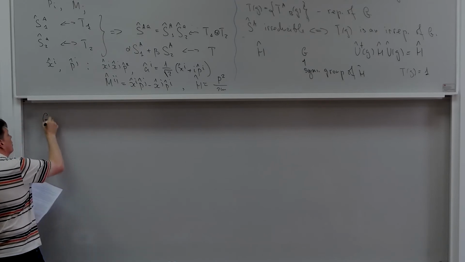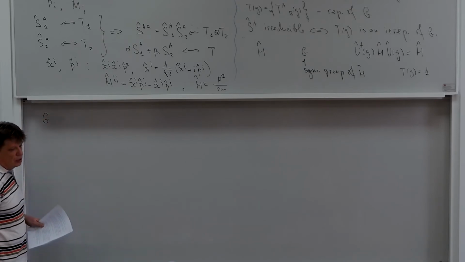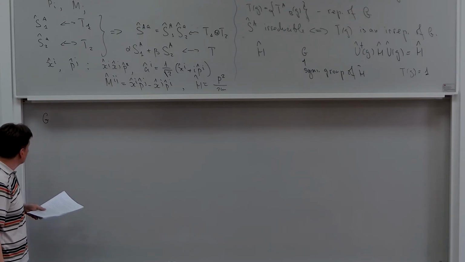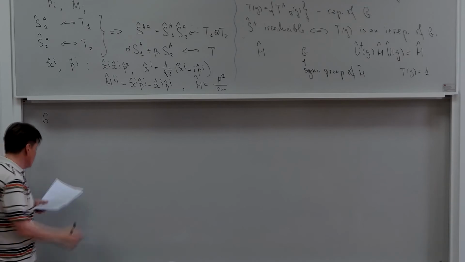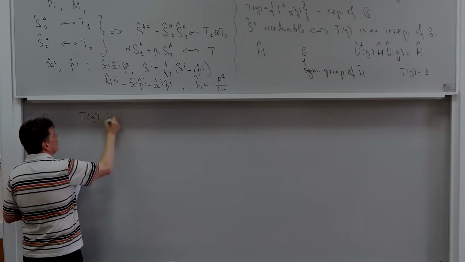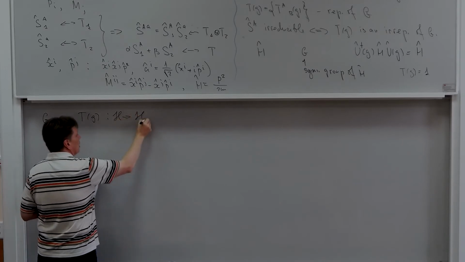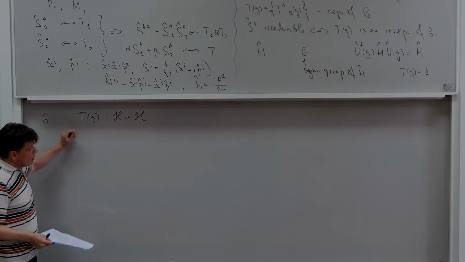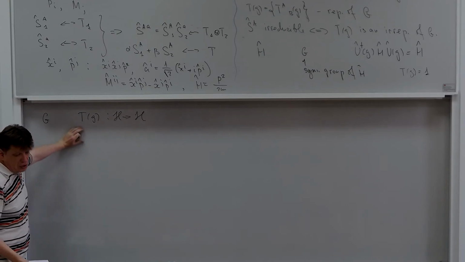Okay, we are given some group G that acts by unitary transformations in the Hilbert space H of some quantum mechanical system. In general, this unitary representation is reducible.